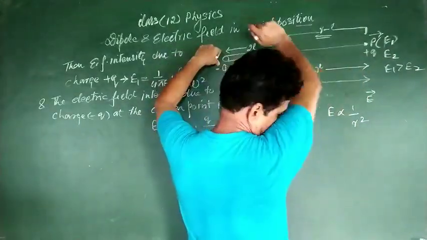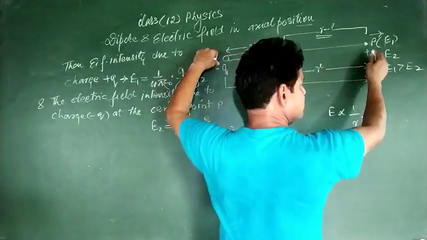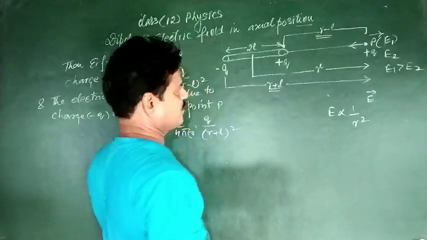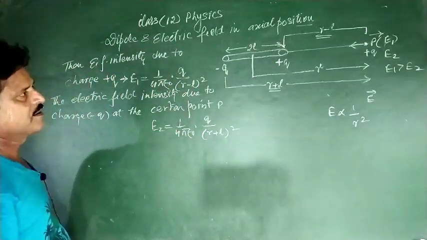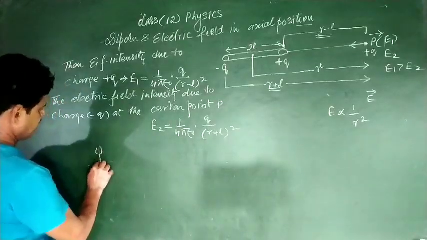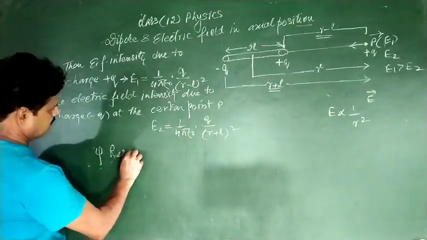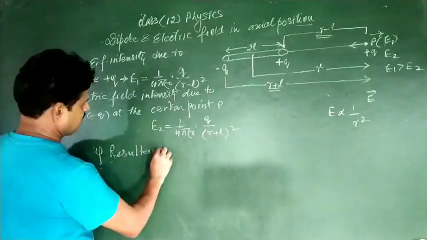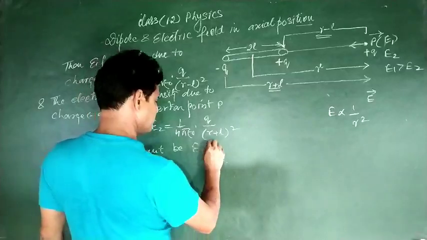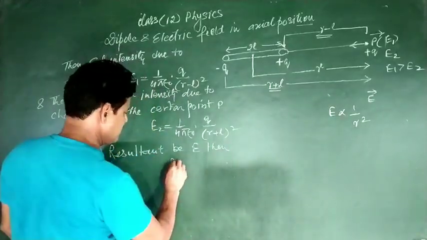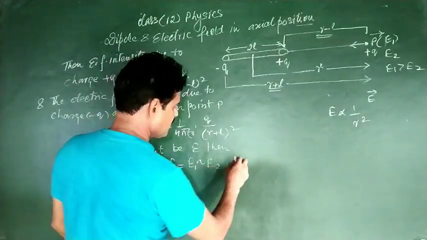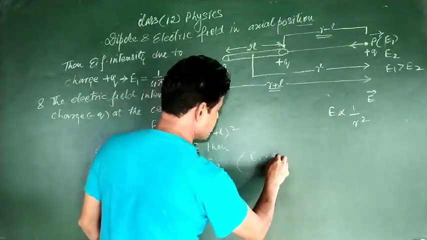This negative charge attracts the testing charge in the opposite direction, so the two electric field intensities are opposite vectors. So if the resultant is E, then E is equal to E1 minus E2, while E1 is greater than E2.